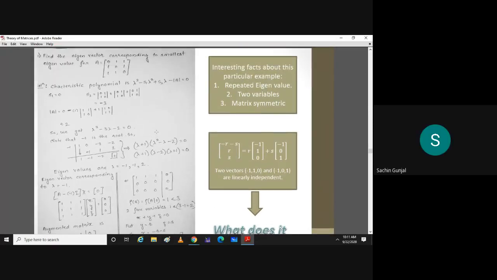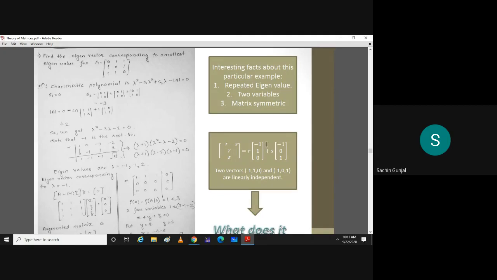Now, what is special about this matrix? If you observe this matrix, is it symmetric? Yes. You can see Aij is equal to Aji. So this matrix is symmetric.